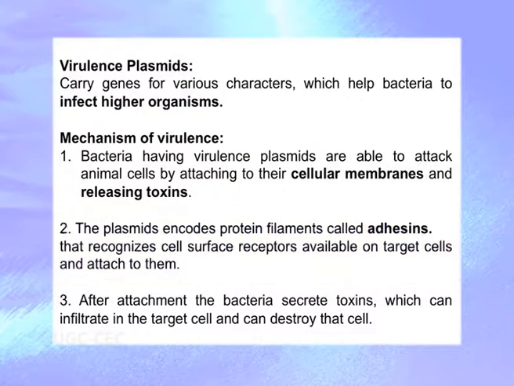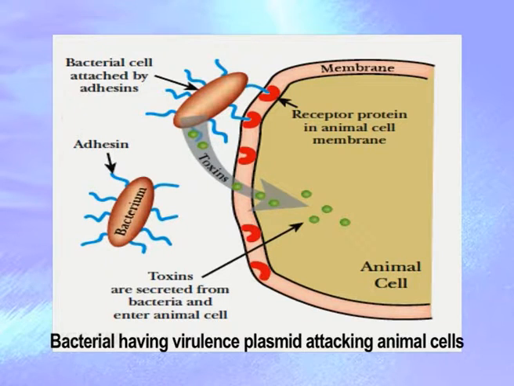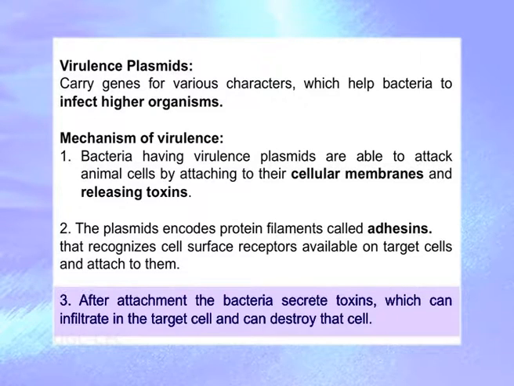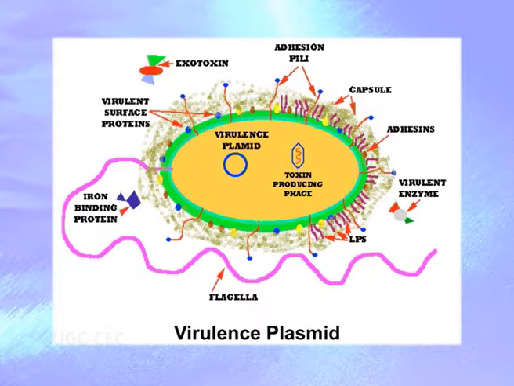These plasmids encode filaments called adhesins that recognize the cell surface receptors available onto the target cells and attach to them. So after attachment, the bacteria secretes toxins which then infiltrate the target cell and destroy the cell. So this is the main function of a virulence plasmid, as you can see here.